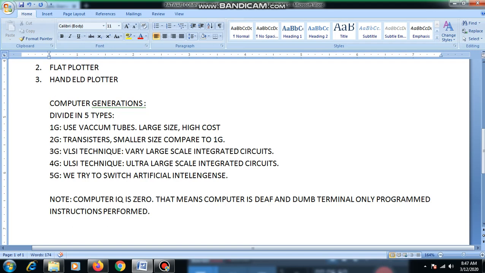Now we can also talk about types of computers.